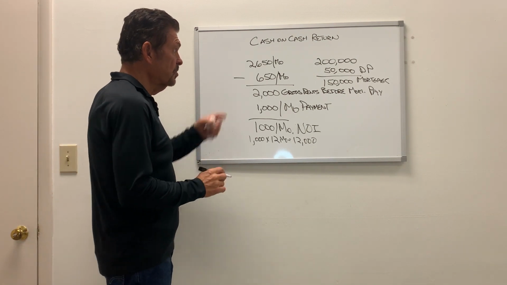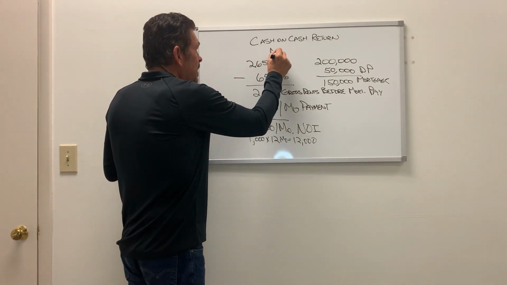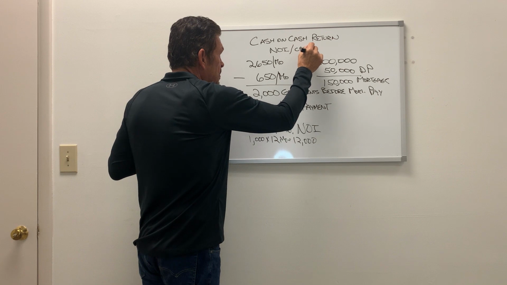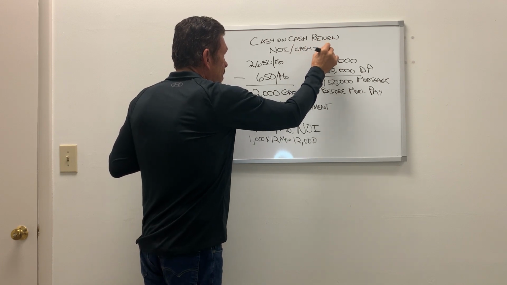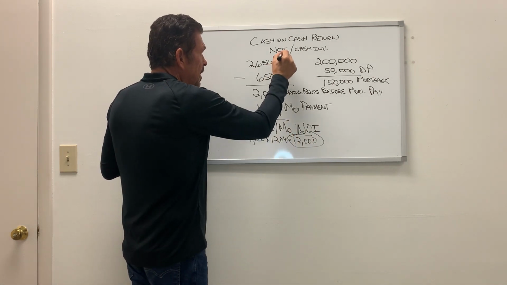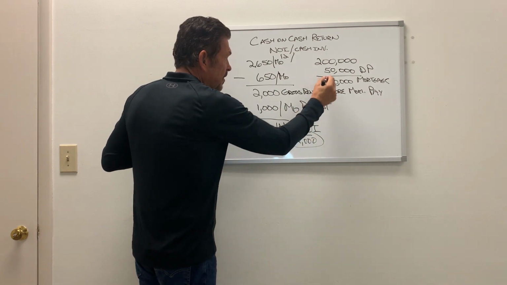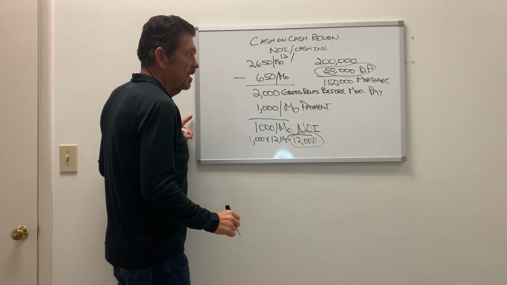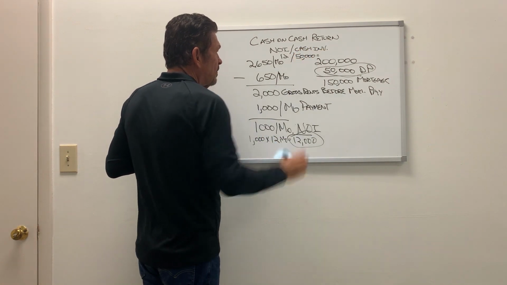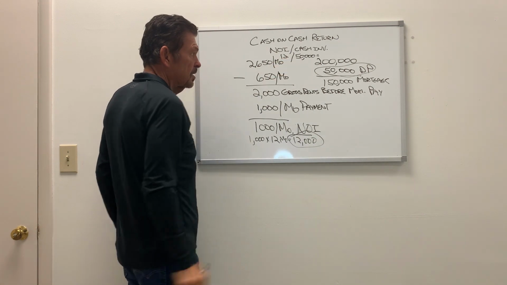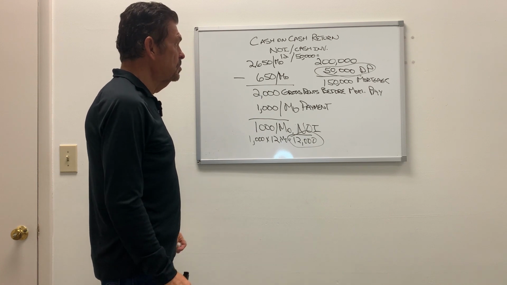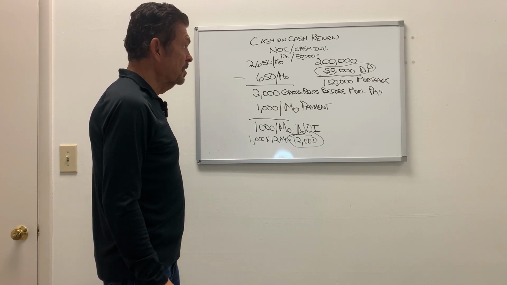So if we look at cash on cash return, that is net operating income divided by cash invested in the property, which in this case would be $12,000 a year in net operating income divided by $50,000, which was our initial investment or down payment, which would give us, see, 10,000 would be 20%, an additional 2,000 would be an additional 2%.